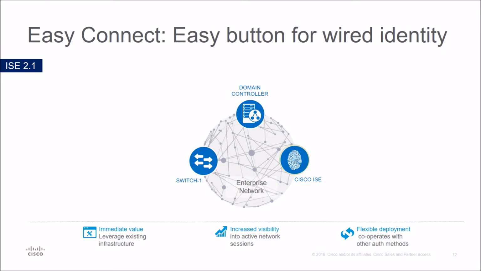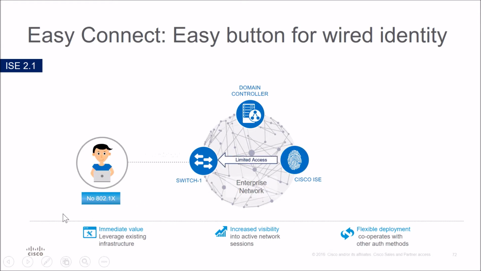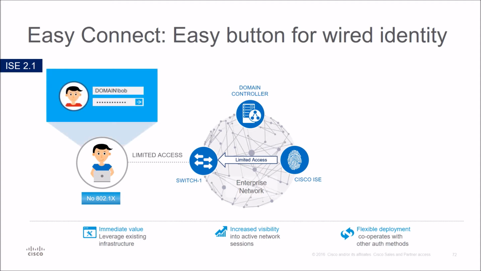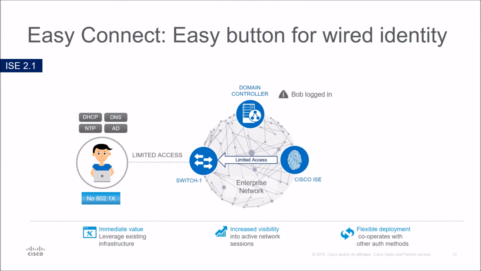So if you look at the flow, and this is from back in 2.1, the user gets limited access, right? So very limited access to DHCP, DNS, NTP, Active Directory. And then from there, the user will authenticate. Again, ISE does not play a role in this. Obviously they get authenticated.